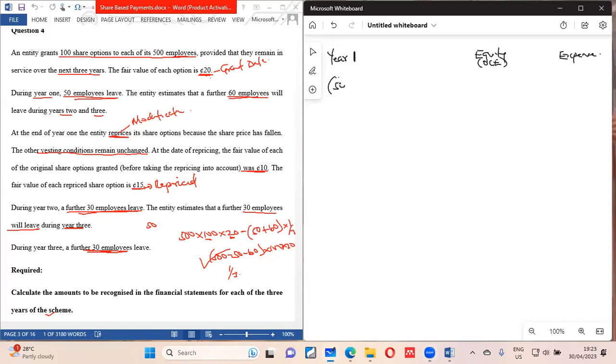So 500 minus 50. So Elikem, I don't know if you were with us from the beginning. So 100 options by 20, which is the fair value, multiplied by 1/3.